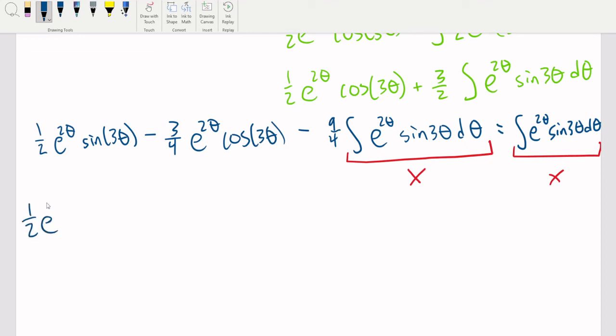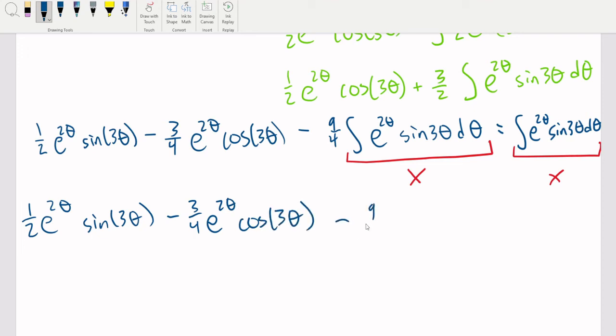1/2 e to the 2 theta sine 3 theta minus 3/4 e to the 2 theta cosine 3 theta minus 9/4 x equals x. We want x though, right? That was the whole point, is finding this integral. What is it?